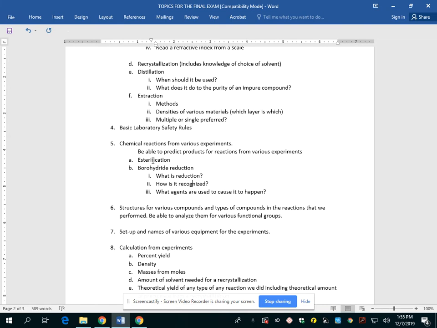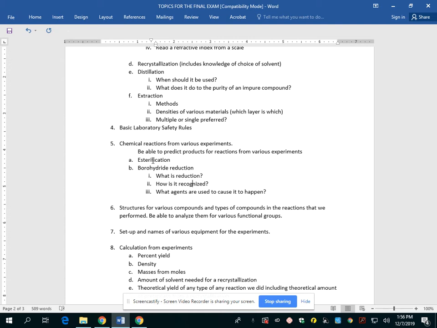So in that case, what material did we use to do the reduction as opposed to the chemical that was usually used? We talked about the safety of it.